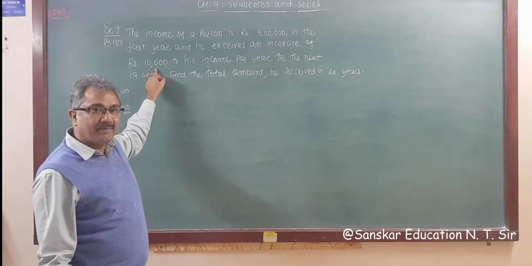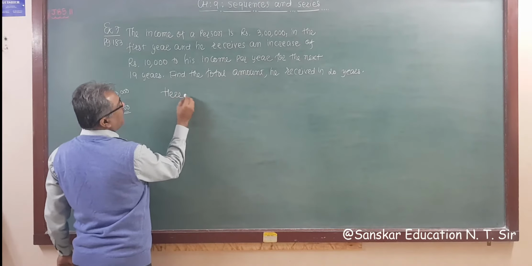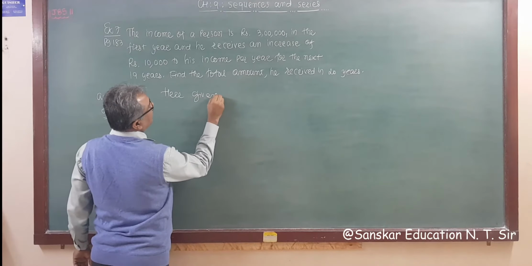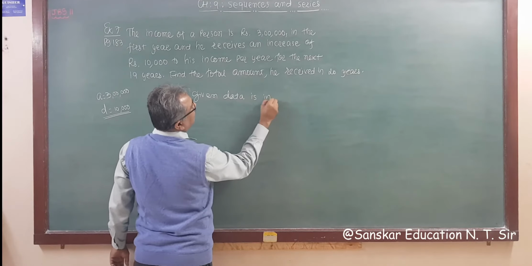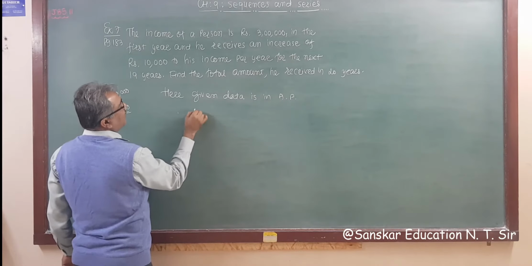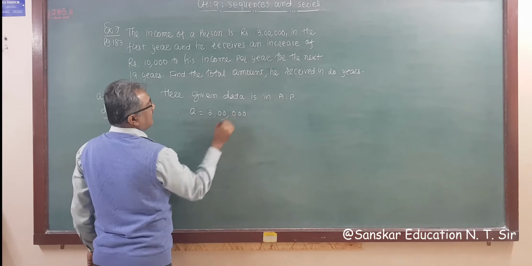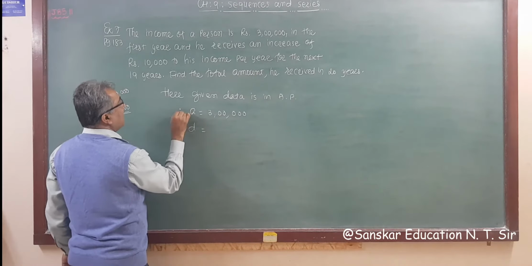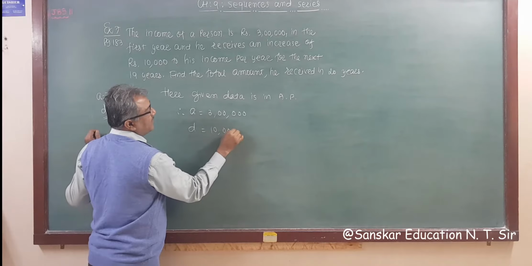So the given data is in AP. Therefore A is equal to 3 lakh rupees and D increase, as we discussed, D is 10,000.